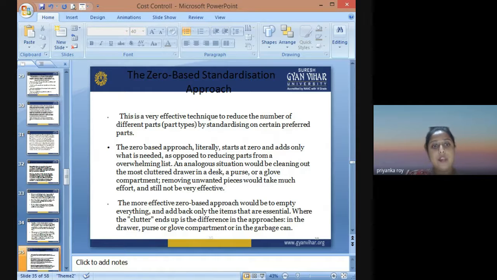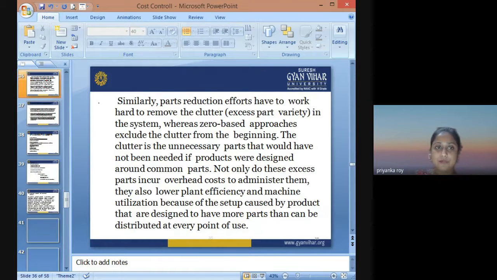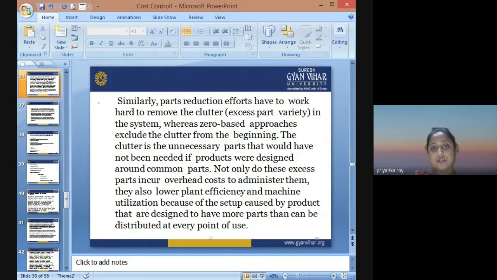it every time, and add back only the items that are essential. Where the clutter ends up is the difference in the approach: in the drawer or in the compartment, the rest is all part of the trash. A similar part reduction takes effort, as you have to work hard to remove the clutter.